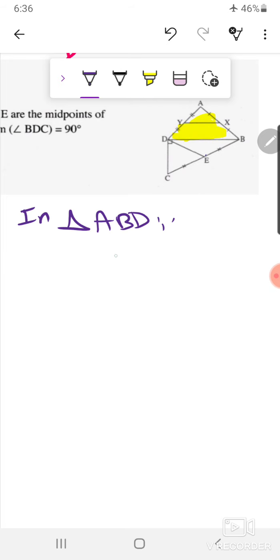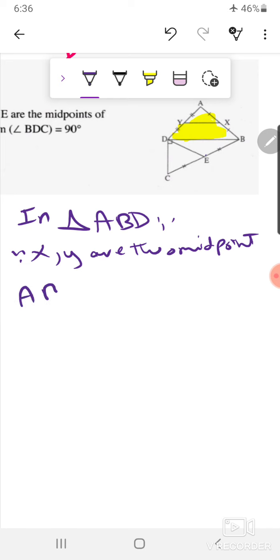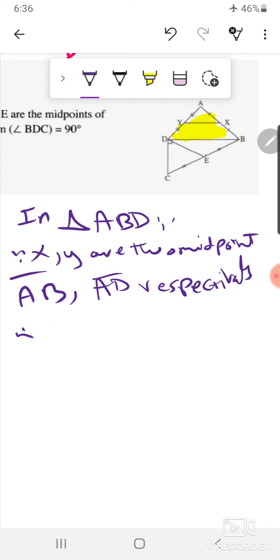In triangle ABD, here you have X and Y, two midpoints, since X, Y are midpoints of AB and AD respectively. Therefore, if you have two midpoints, XY equals half DB, as we took in the first primary.